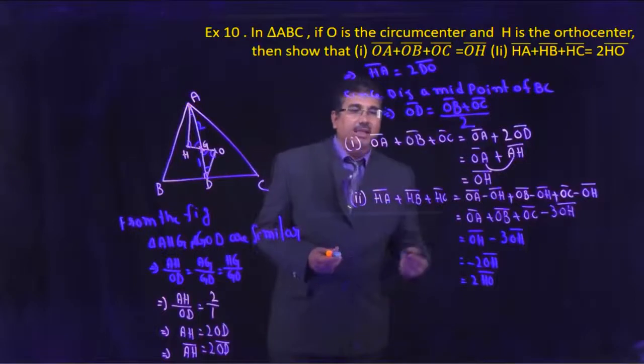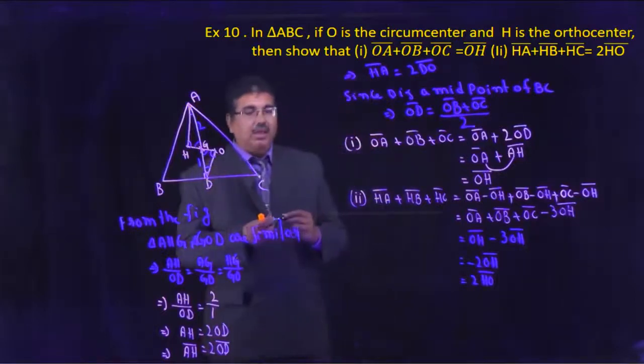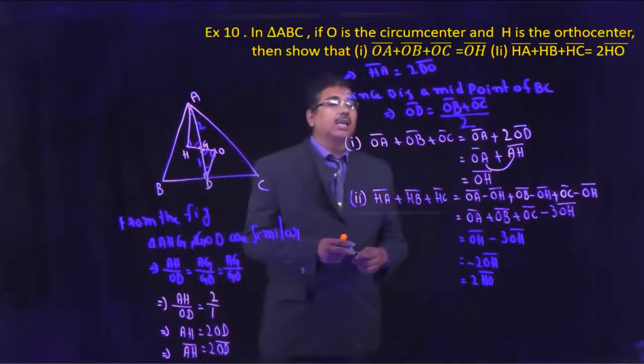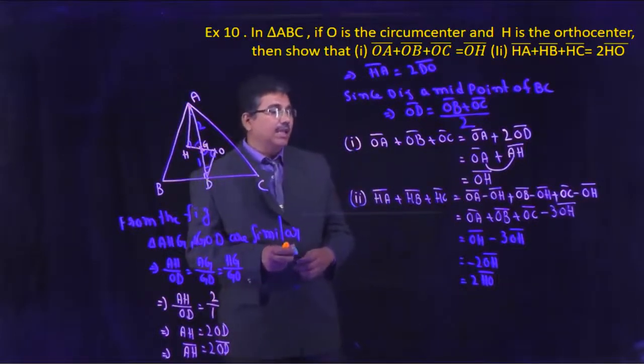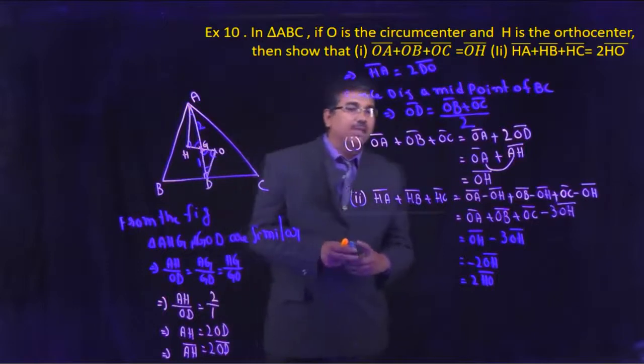We get the required result. Therefore, HA bar plus HB bar plus HC bar is equal to 2 times HO bar.